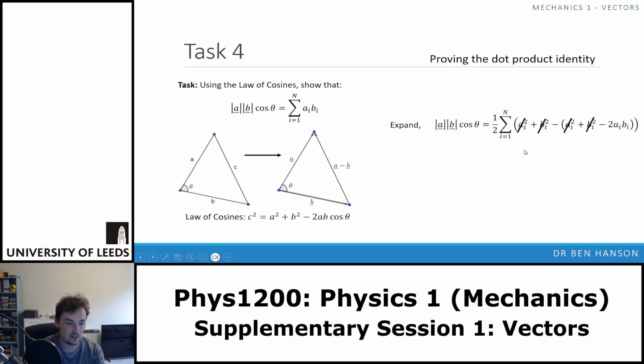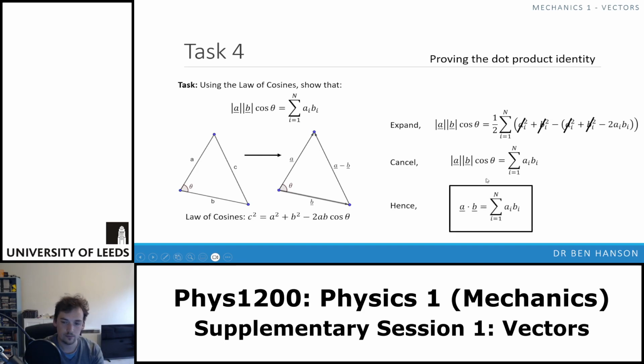That's going to be interesting. Cancel, cancel, cancel, cancel. That minus cancels with that minus. That half cancels with that 2. There we go. That's the proof. That is why A dot B, mod A mod B cos theta, in general, is the sum over all of the products of components. In 3 dimensions and Cartesian coordinates, though, we've seen why that is the case.